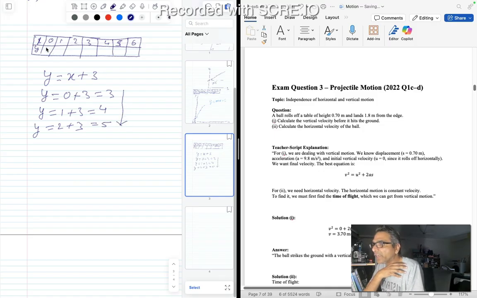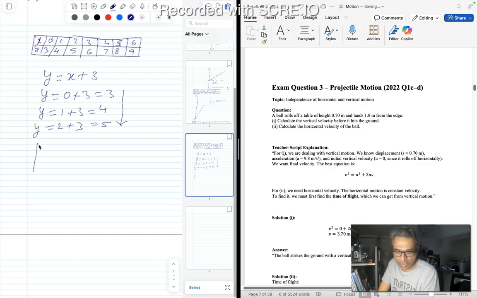So now I can write it down here: 3, 4, 5, 6, 7, 8, and 9. If I now plot this, it will give me what we are actually looking at.